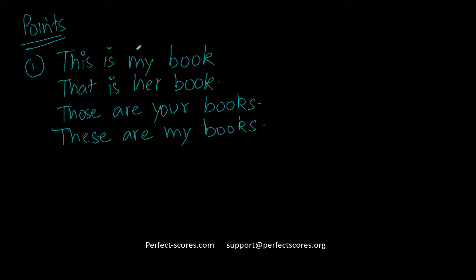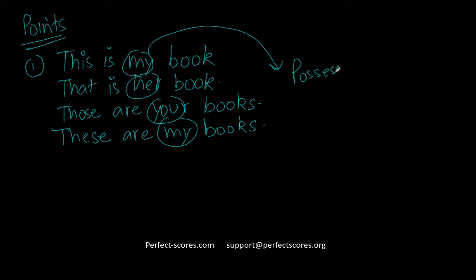So if you talk about my, her, your, again my, and if you have something like maybe their or his, these are called possessive adjectives. Because if you see, they're not acting as pronouns in this case, they're acting as adjectives. They're describing the book or the books.